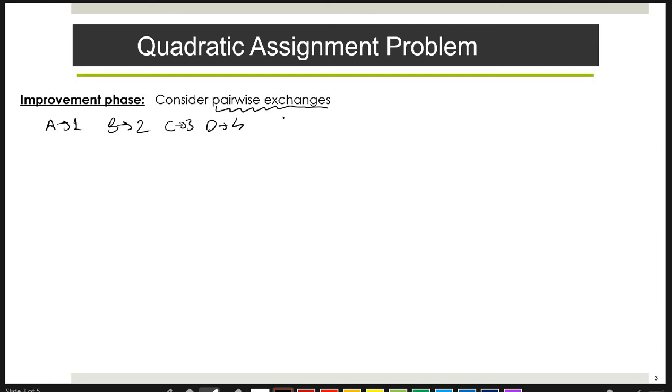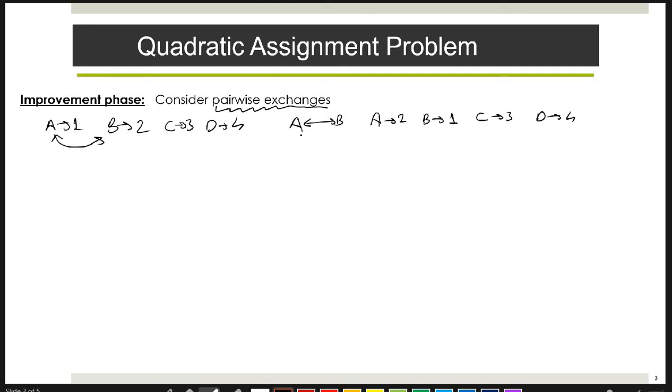What does pairwise exchange mean? We will simply replace the locations of A and B. Okay? Let me show it in this way. Replace A and B. And what will be the solution? A will be assigned to 2, B will be assigned to 1, C will be assigned to 3, and D will be assigned to 4.